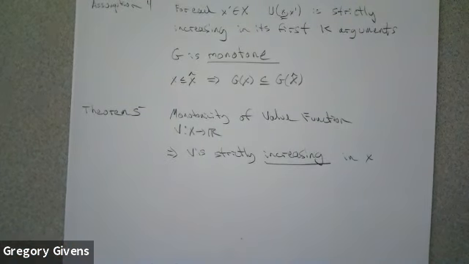So increasing the state is going to increase the planner's value function, which is the indirect utility, if you will, of pursuing an optimal plan over time.